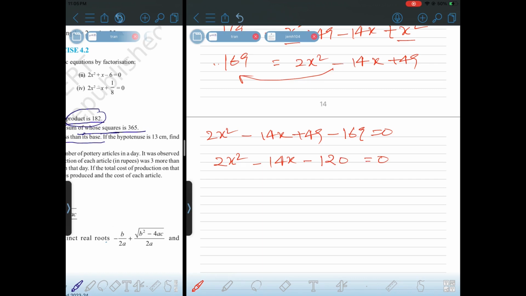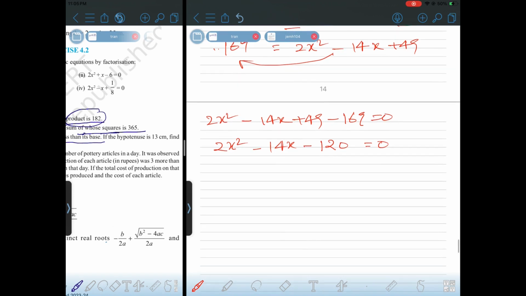Now you have come till here. Again, you can take 2 as a common to simplify this, so that there is a lesser burden of finding factors. So it becomes 2 times x square minus 7x minus 60 is equal to 0. The 2 vanishes because of the 0 here. So x square minus 7x minus 60 is equal to 0.